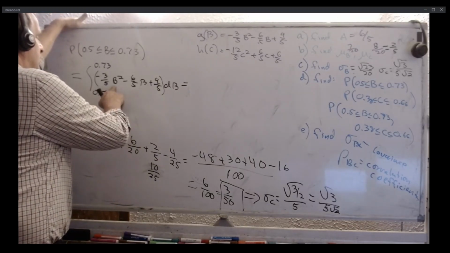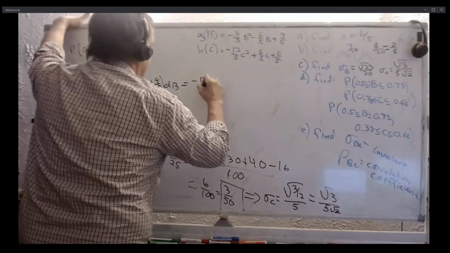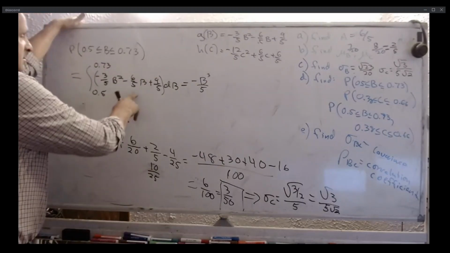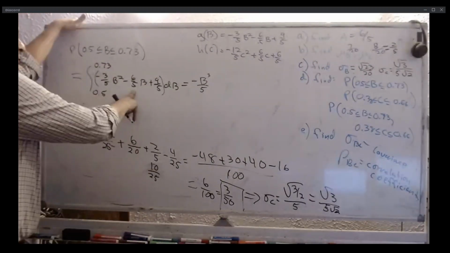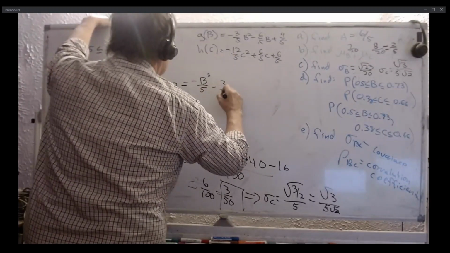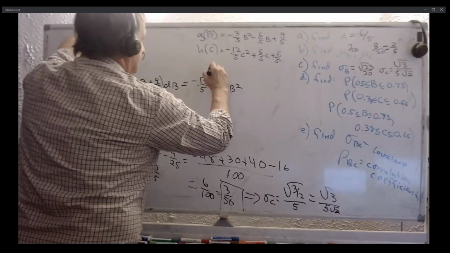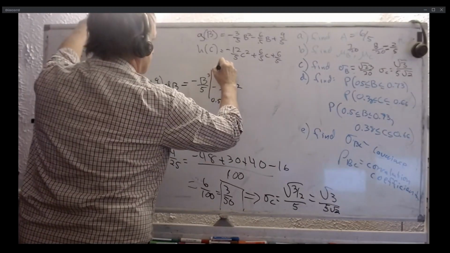Doesn't this go to b cubed over 5, negative b cubed over 5? This is going to be 3/5 of b squared, negative. Oh, and these are all evaluated from 0.5 to 0.73.